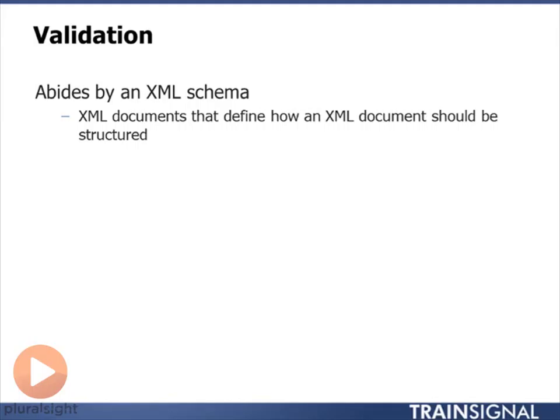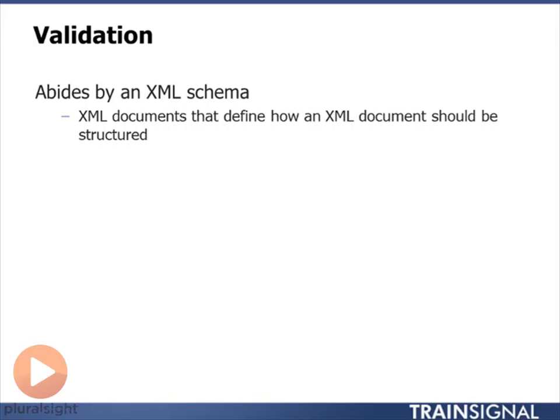Now, the first thing that I want to mention about validation is that validation does require that the document be well-formed. That's always a requirement. However, validation is optional, and validation just simply means that my document abides by the rules laid out in an XML schema.